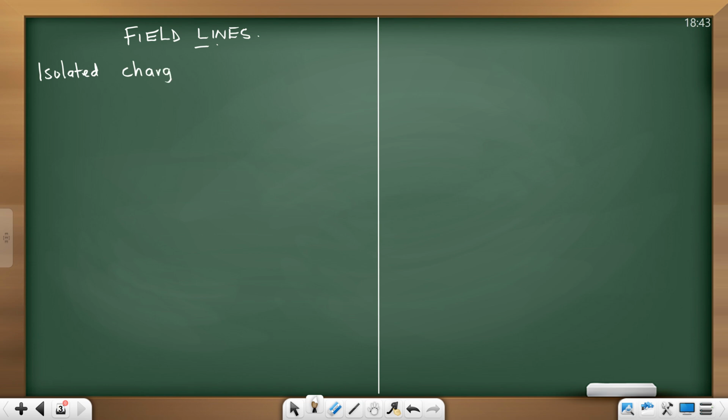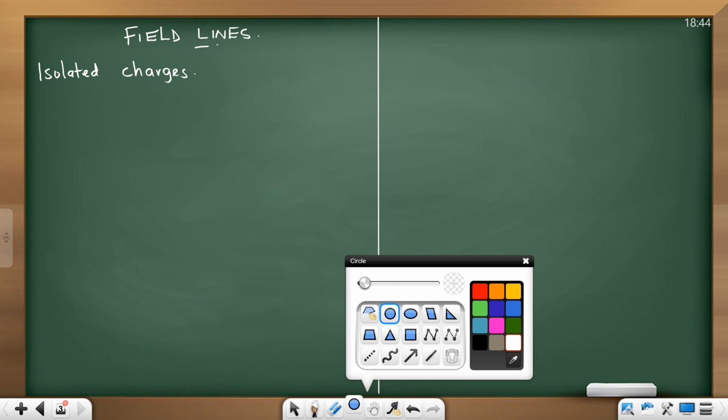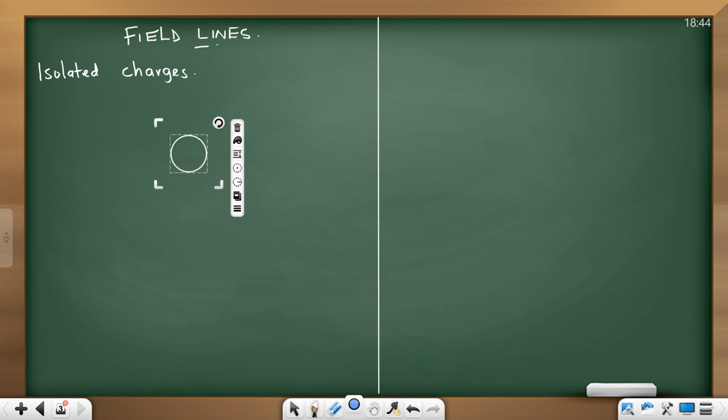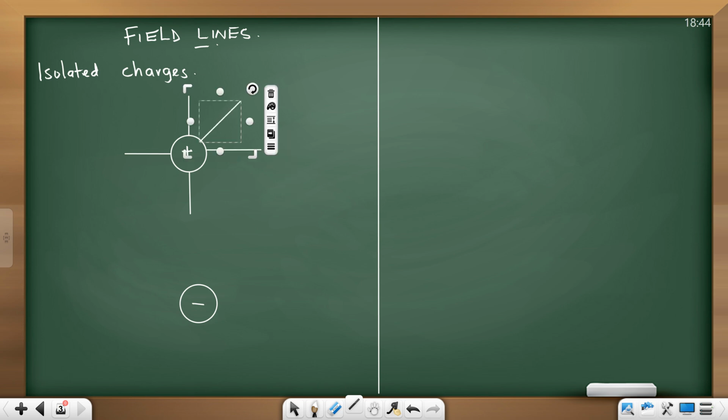That is, if I just have a positive charge on its own and a negative charge on its own, what happens? When I have a positive charge on its own, if the examiner asks me to draw the electric field lines around it, please draw them as straight lines touching the object.